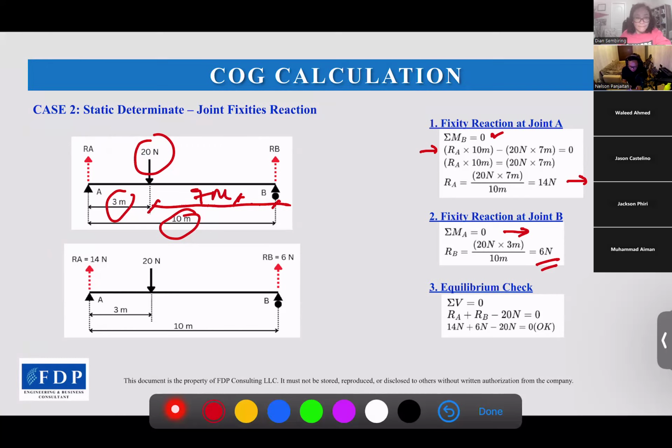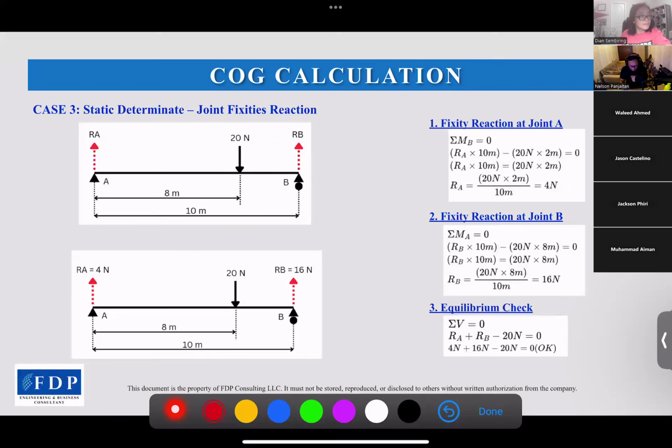Equilibrium check, total forces is 0, then RA plus RB minus 20 Newton. The RA we get is 14 Newton plus 6 Newton is 20 Newton, minus 20 Newton is 0. Then we are okay for that reaction. That's for case 2.